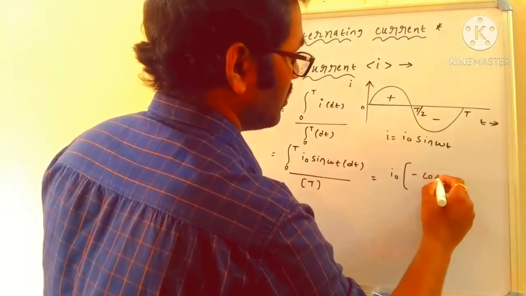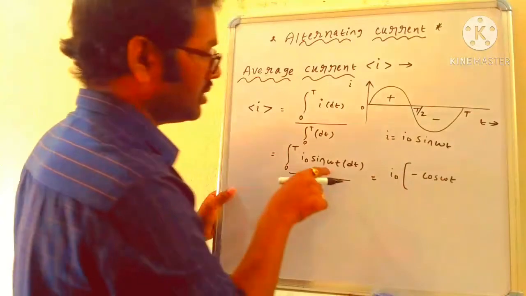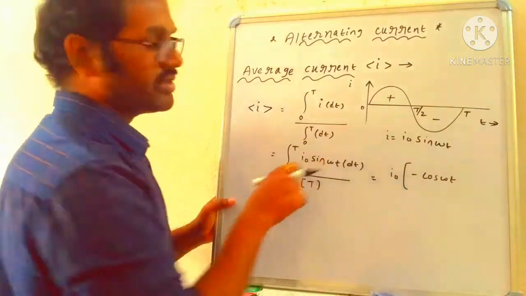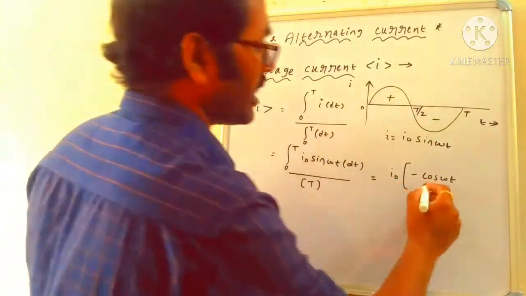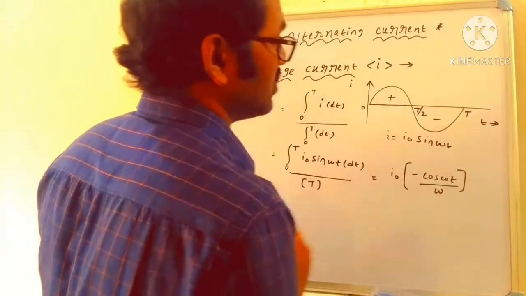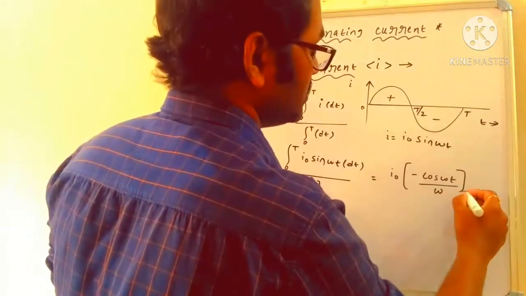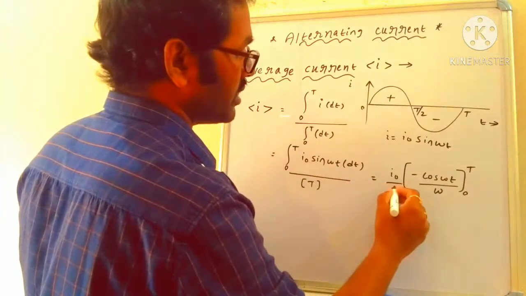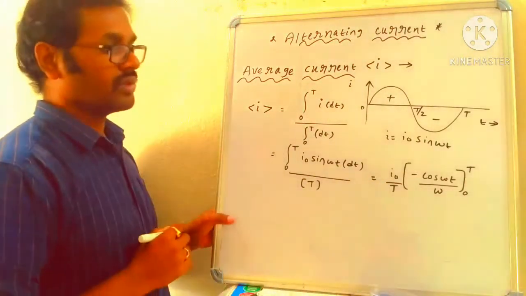You will get minus cos omega t, and we need to differentiate the function omega t, so the differentiation of omega t is omega. We should write omega in the denominator, with the limits 0 to capital T. Divided by T, you can write I naught by T outside in this way.